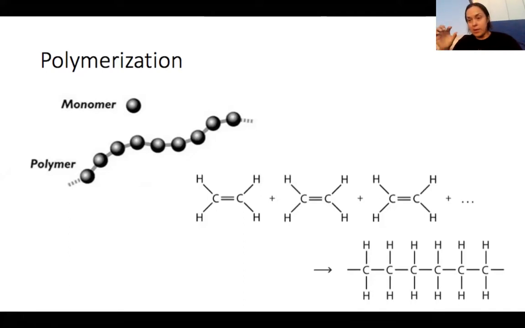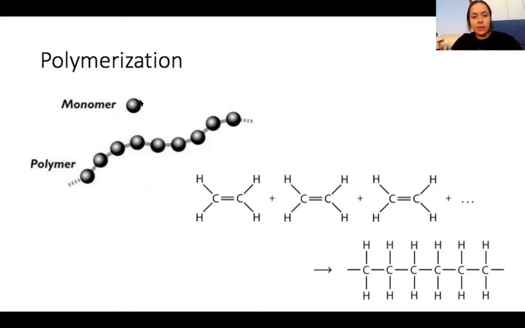Amino acids are the monomeric unit, the smaller unit, but then you have a bunch of amino acids connected together and you get a protein, okay? DNA is another example. DNA is made up of nucleotides, the A, C, G's, and T's, and those are the monomeric units. You have a bunch of those connected, and that creates your nucleic acid, your DNA, okay?